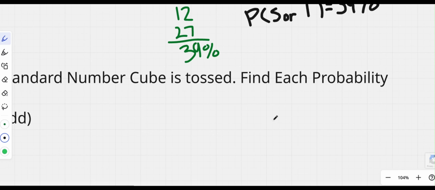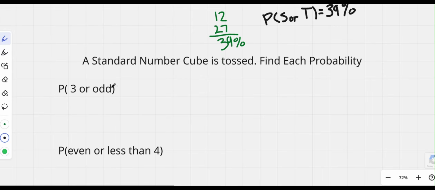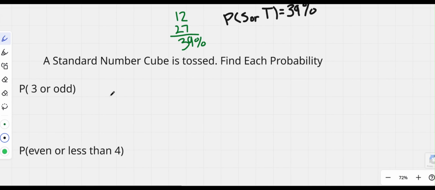Keep going. A standard number cube is tossed. Find each probability. So here we have P of 3 or odd. Since you can roll a standard number cube, or some people will call it a dice or a die for a singular one, 3 or odd, since you can roll both the 3 and the odd number at the same time because 3 is odd, this is not a mutually exclusive event.